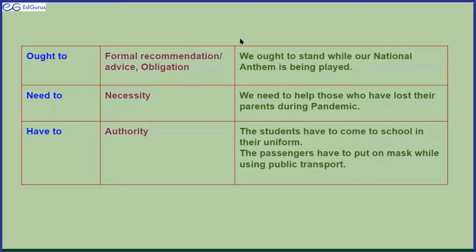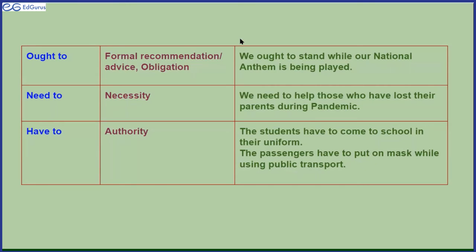Right? You have to take the medicine to recover from corona. It's compulsion. You cannot ignore it. Right? You have to wear the mask before boarding the metro train or any public transport. This is the rule.